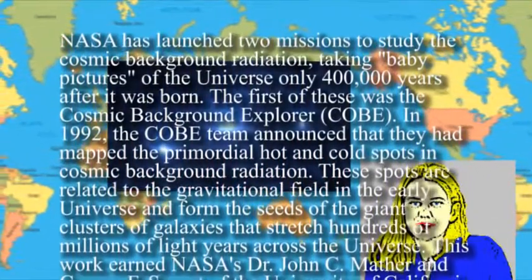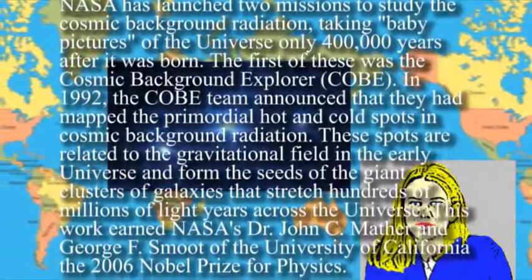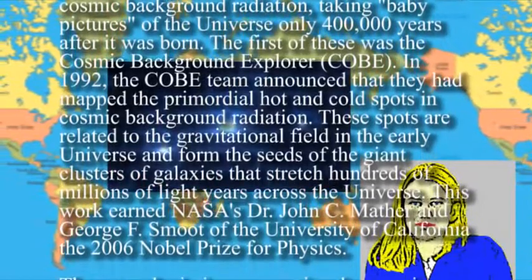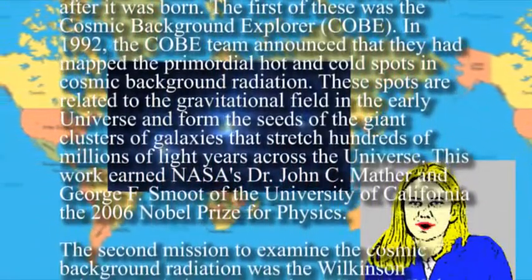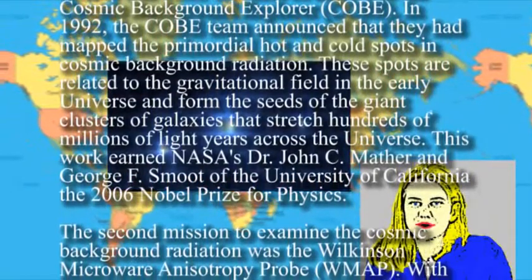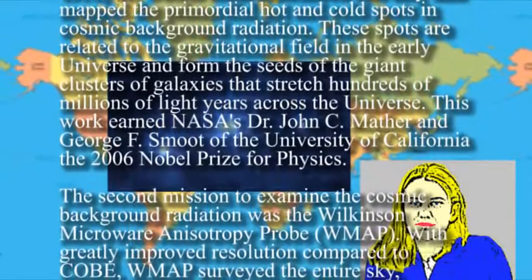These spots are related to the gravitational field in the early universe and form the seeds of the giant clusters of galaxies that stretch hundreds of millions of light-years across the universe. This work earned NASA's John C. Mather and George F. Smoot of the University of California the 2006 Nobel Prize for Physics.